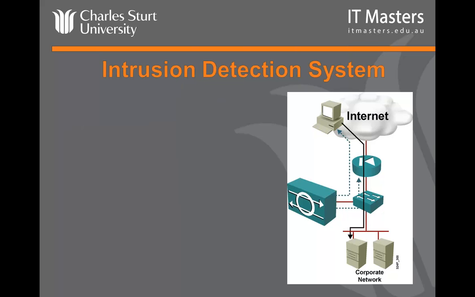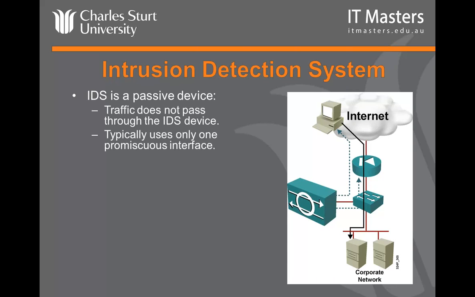Okay, so first of all, IDS. An intrusion detection system can be a hardware or software-based solution that passively listens to network traffic. The IDS is not generally inserted inside the traffic path, but it listens promiscuously to all traffic on the network through a monitor port. Usually you'd only have one promiscuous interface.